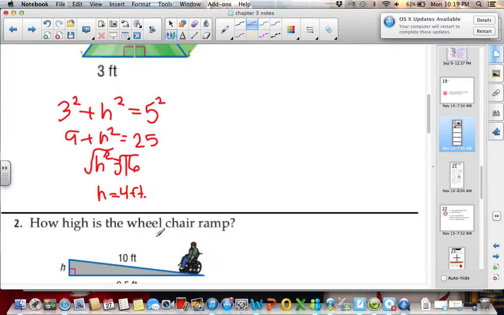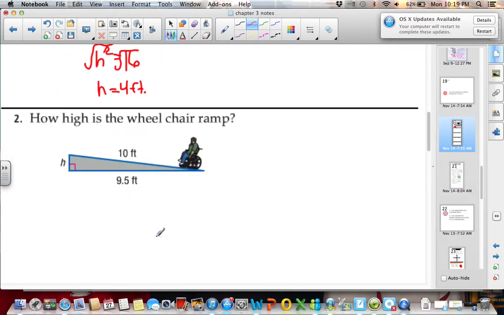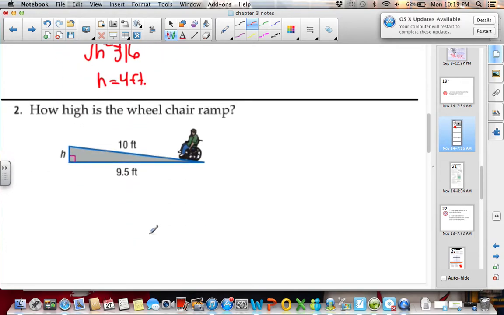Okay? These next ones, I will set up the equation, or this one for number 2, I will set up the equation, and then I want you to pause and solve it yourself. So we have h is our leg, 9.5 is our leg. I can figure that out because they're both adjacent to our right angle.